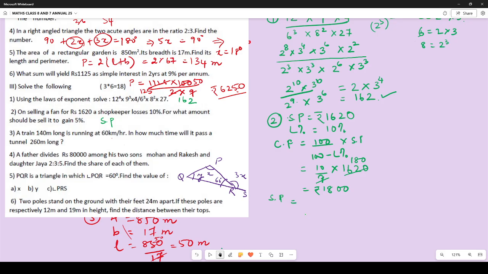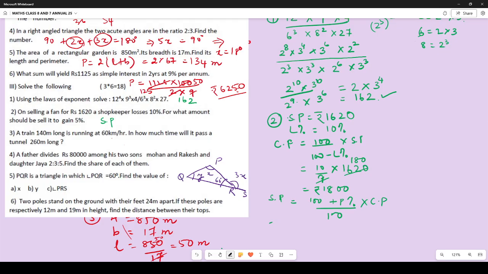SP is equal to 100 plus profit percent by 100 into CP, right?